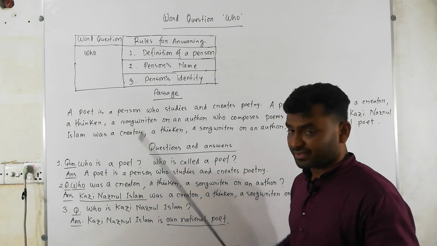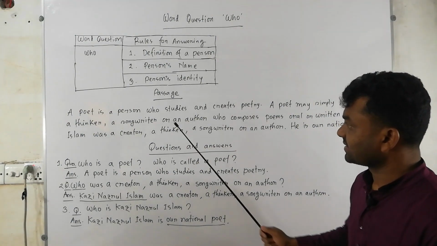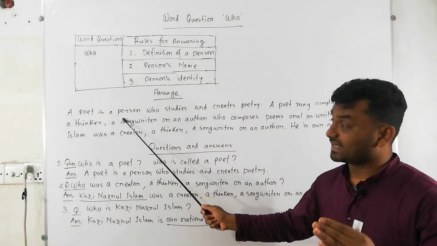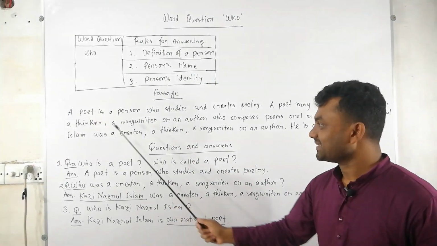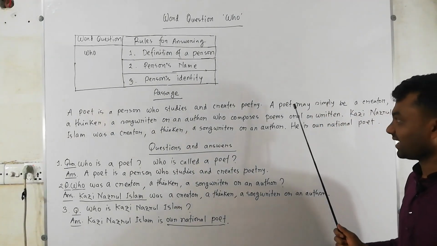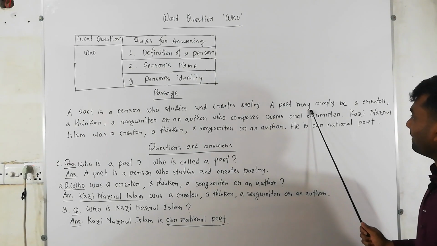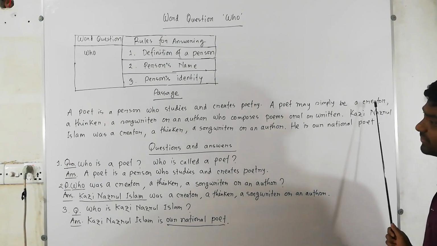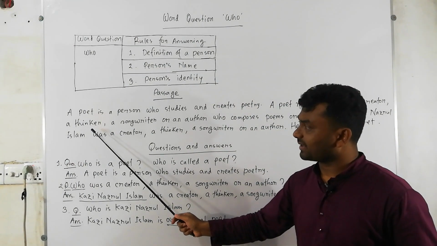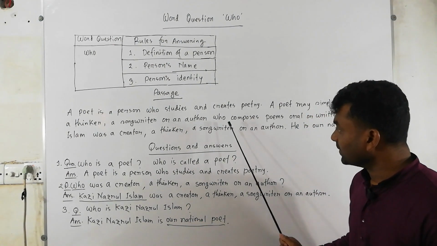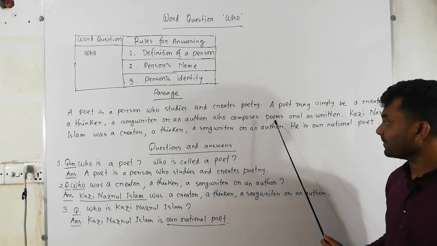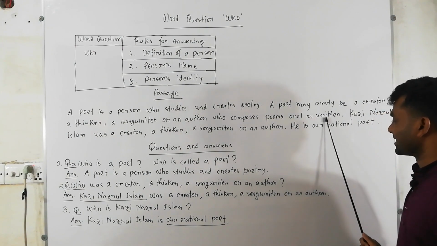By this sentence, we can understand that it is a definition of a poet. And take a look at the second line. A poet may simply be a creator, a thinker, a songwriter, or an author who composes poems, oral or written.